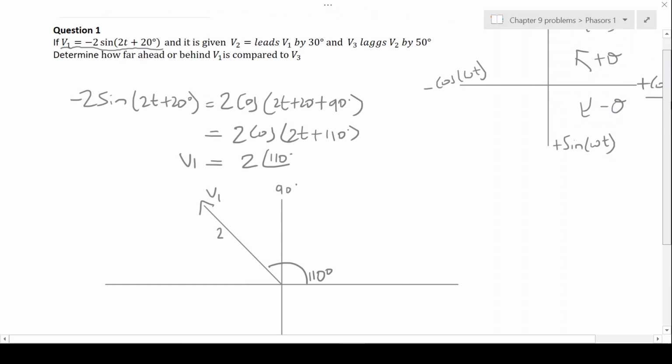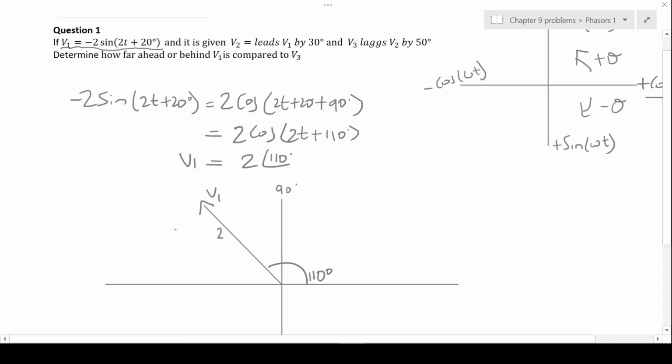Now we're told that V2 leads V1 by 30 degrees. So V2 is ahead of V1 by 30 degrees. Right. So how would we then indicate V2 and V1?